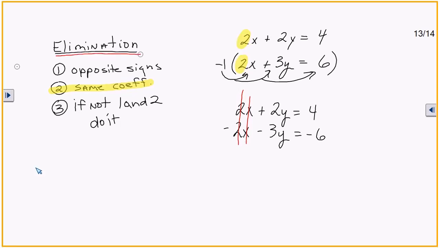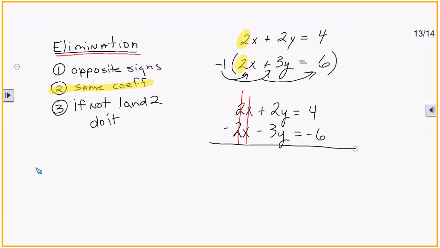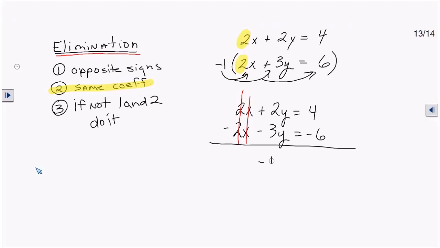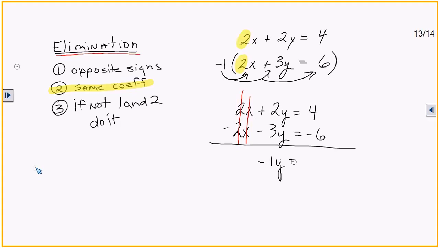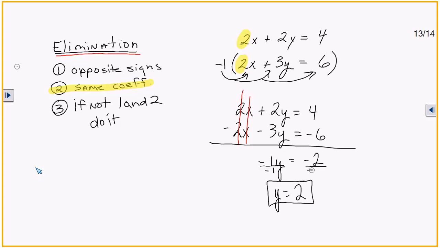And that leaves me with negative y is equal to negative 2, and y is equal to 2. Because you divide by negative 1. Because you got to get the variable by itself.